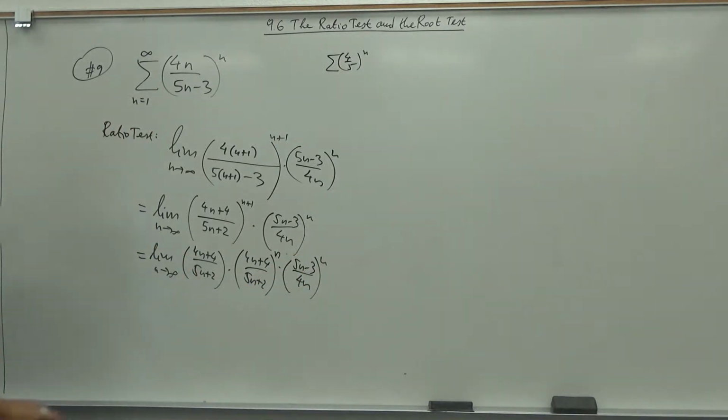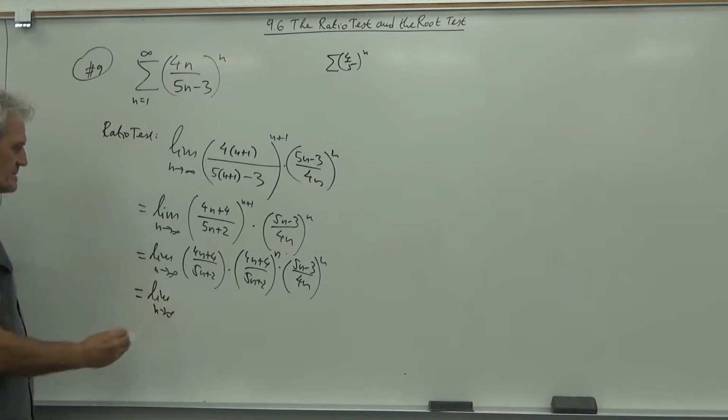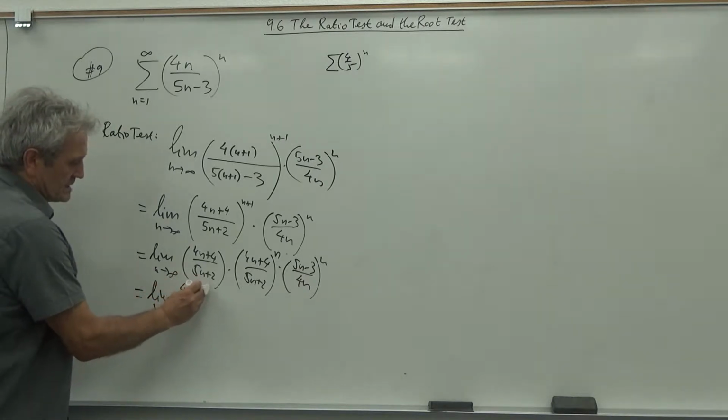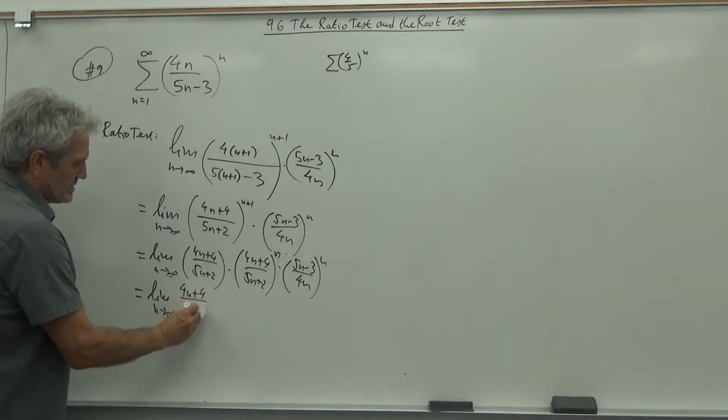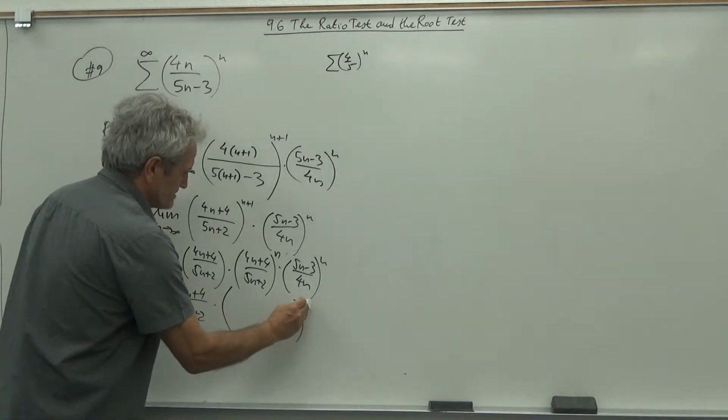This guy will wait until we see what happens there. I can calculate that limit, but I don't know what will happen later on, so I would rather get them together under the same n.